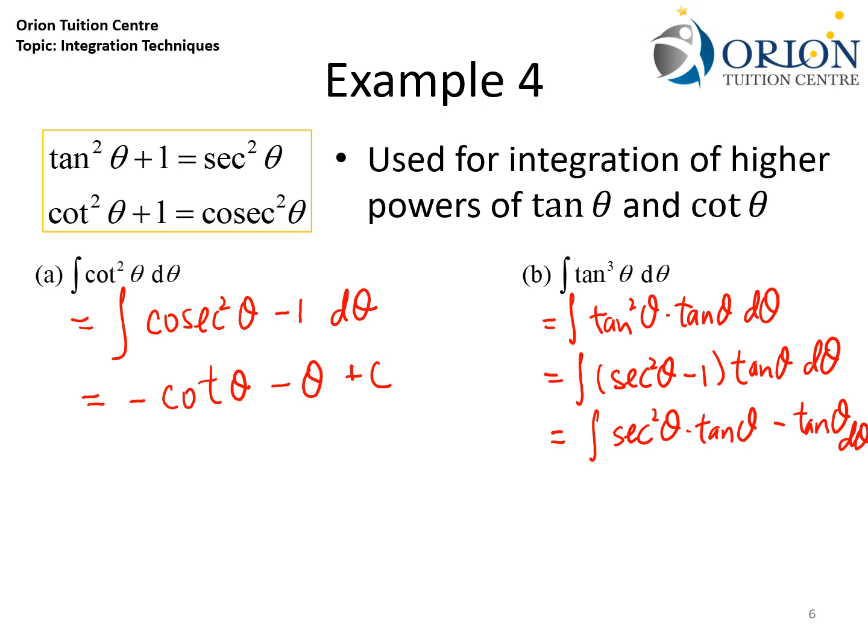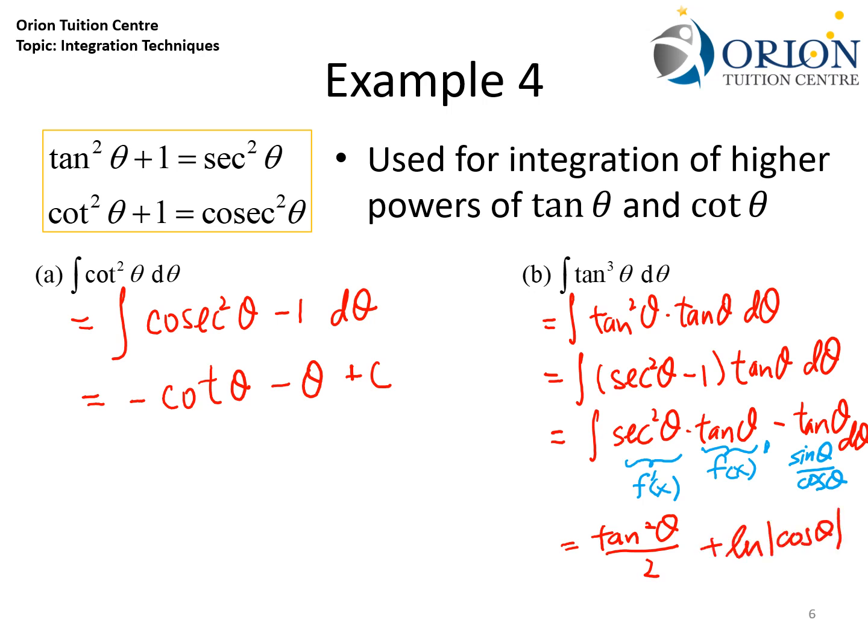And how do I integrate both of these terms? For the term on the left, you can see that this is my fx, and it is to the power of 1, and this is my f prime x. For the second term, tangent theta, I can write it as sine theta over cosine theta, and therefore integrating these terms will give me tangent square theta over 2 plus ln modulus of cosine theta plus c.